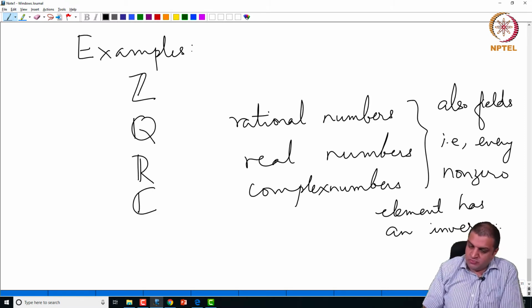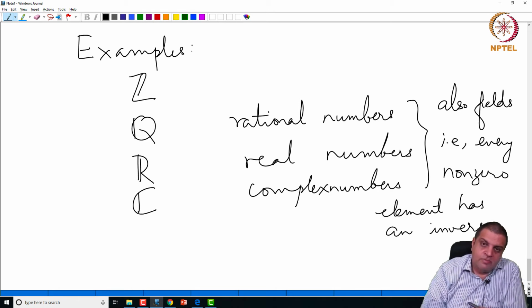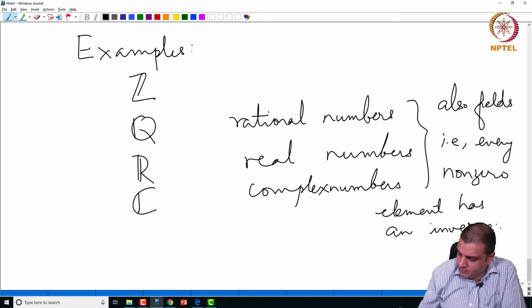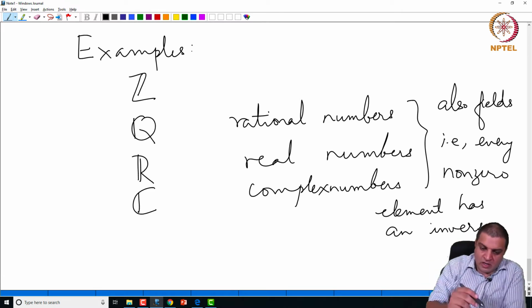Or in other words, if you take the non-zero elements of these sets and take the multiplication operation, in these cases it will be an abelian group. So these are all commutative rings.